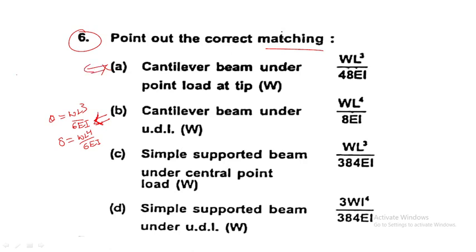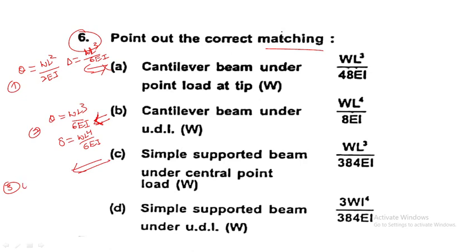What about the first one? Theta is what? WL square by 2 EI, and delta value is WL cube by 3 EI. This is the first condition. This is the second. First, second. Next is the third one. What is the third? Simply supported beam under central point load.